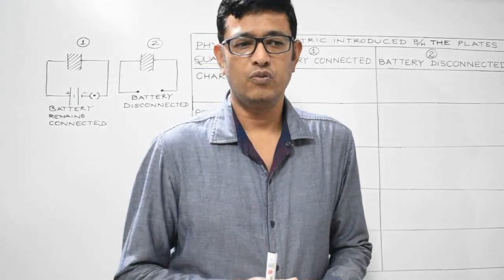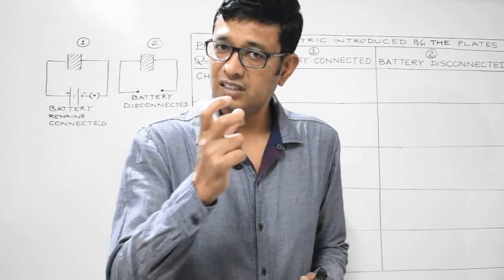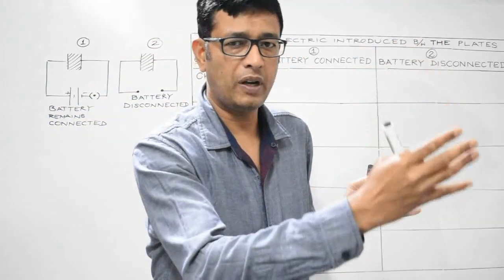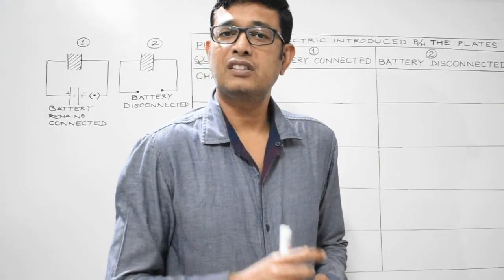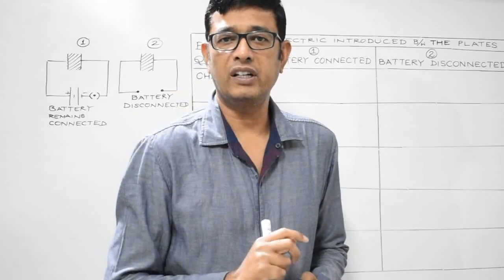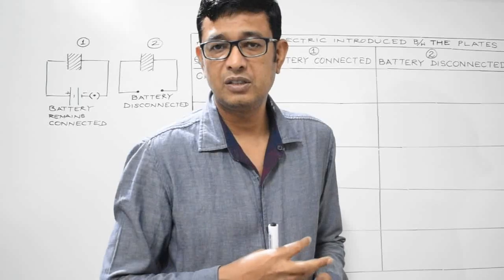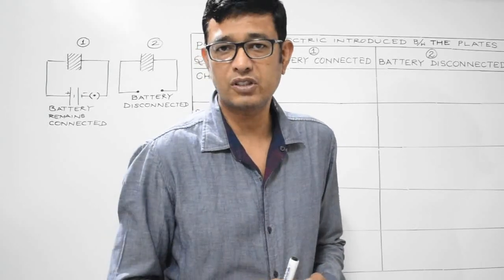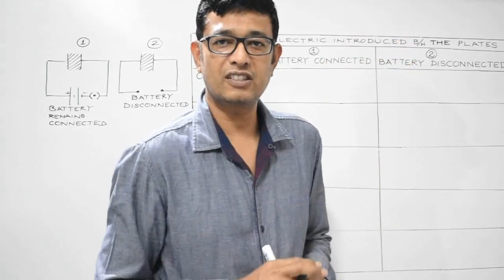Today in this session, we'll discuss when a dielectric slab is inserted and fully occupies the space between the plates of the capacitor. Then we will discuss the variation of different quantities: what will happen to the charge, the effect on the electric field, the potential difference, and the energy of the capacitor, whether it will increase or decrease on introducing a dielectric slab.